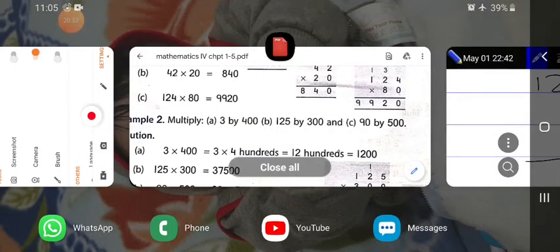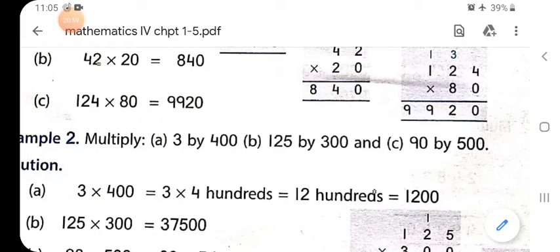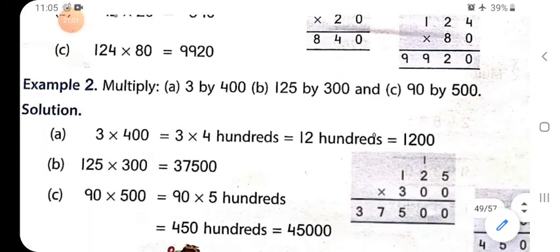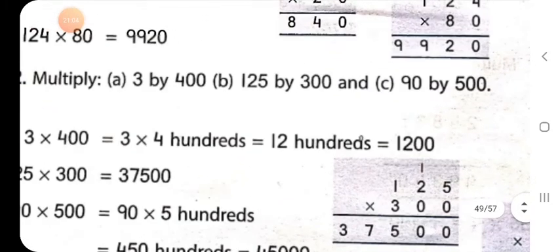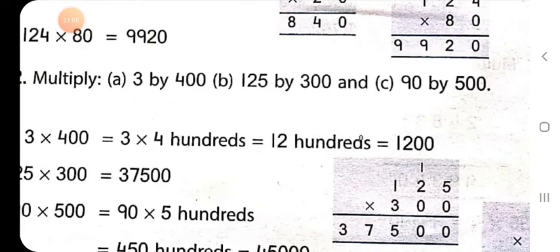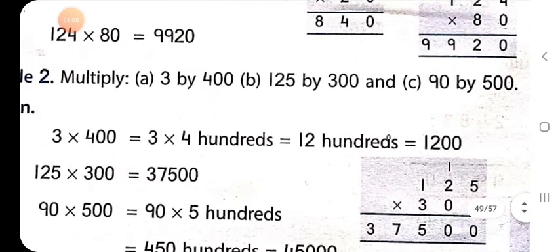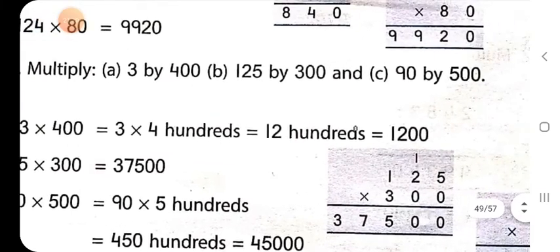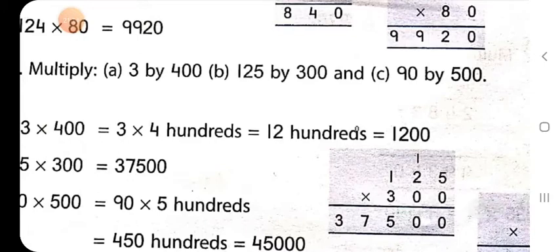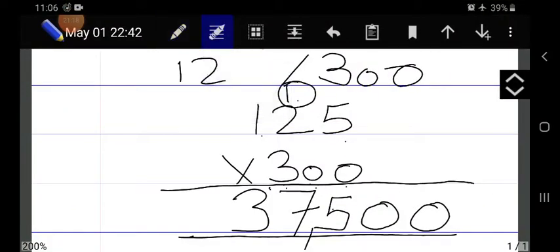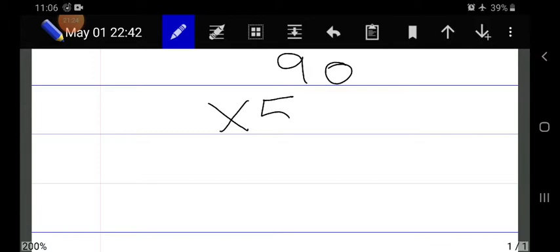Let's take a few more sums so that this multiplication concept is clear. I'll take part C also. Example number 2, part C: multiply 90 by 500. Now we have to multiply 90 with 500.